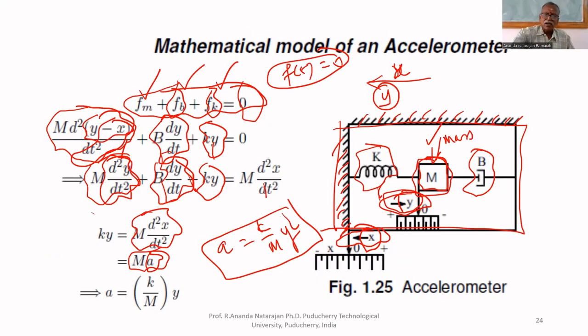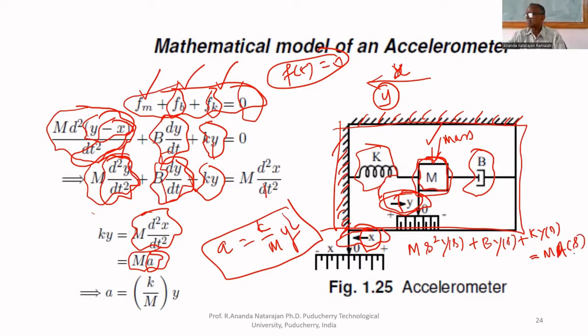When the acceleration is not constant, it is called the dynamic equation. In that case, what happens to the transfer function we will see now. m s square Y of s, I am taking the Laplace transform, plus b s Y of s plus k Y of s equal to m A of s.